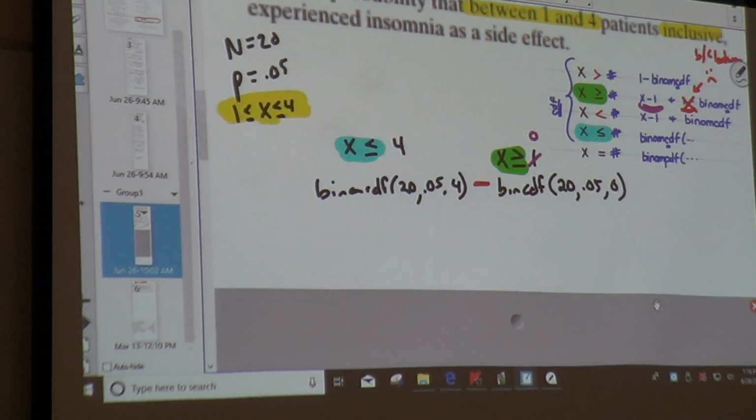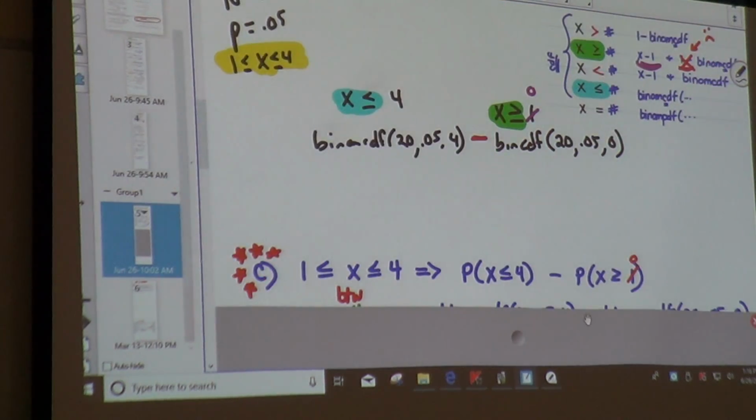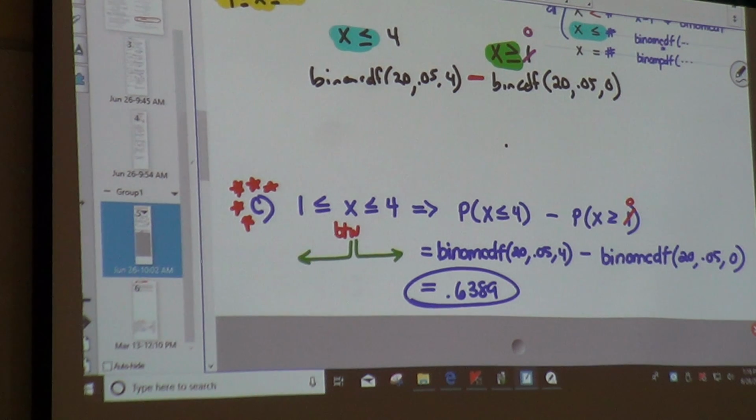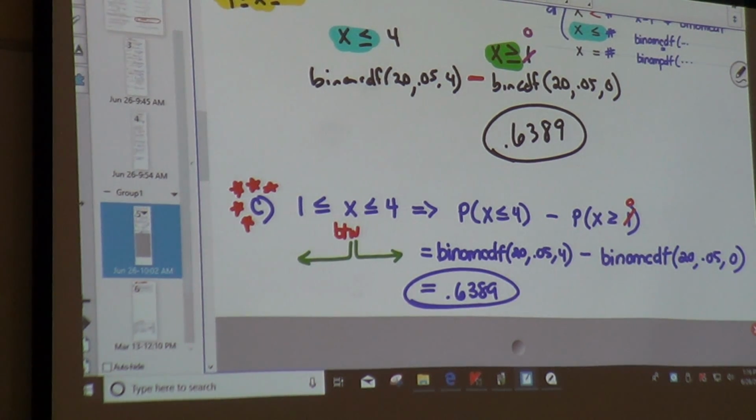When I subtract those two and put that whole thing in my calculator, I should have gotten 0.6389. Cool?